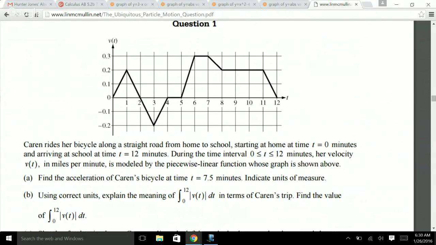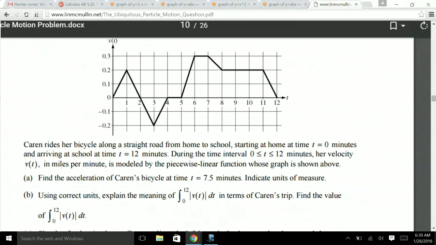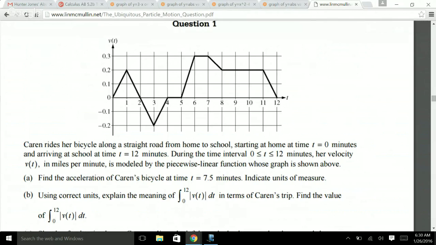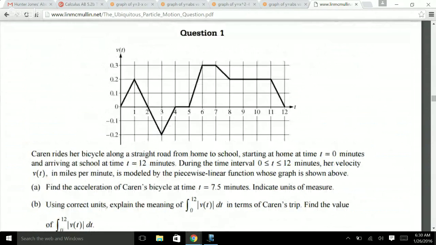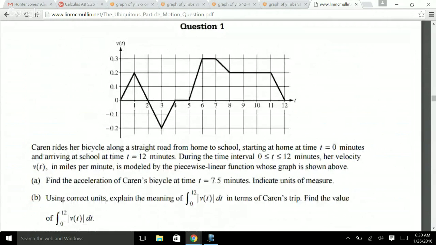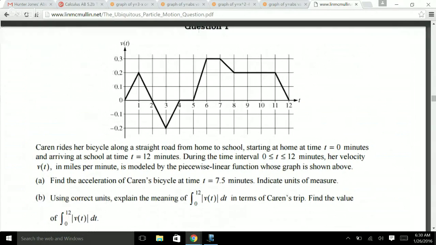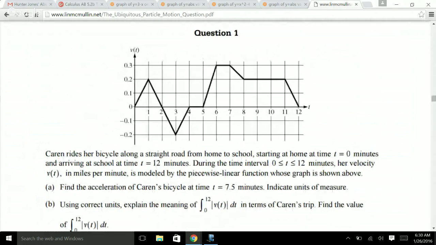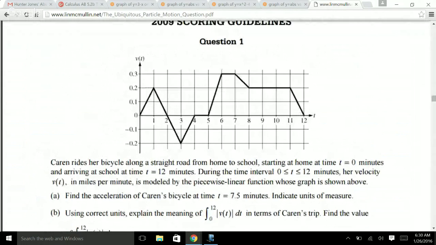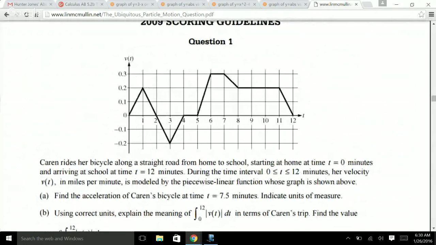Okay, and because we're working with absolute value, this area here is not going to be negative. We're going to have to consider it positive. So basically what you're doing is finding the area of every one of these shapes. That one is going to be positive. You just find the area between the curve and the x-axis, add it all up, you got yourself an answer.